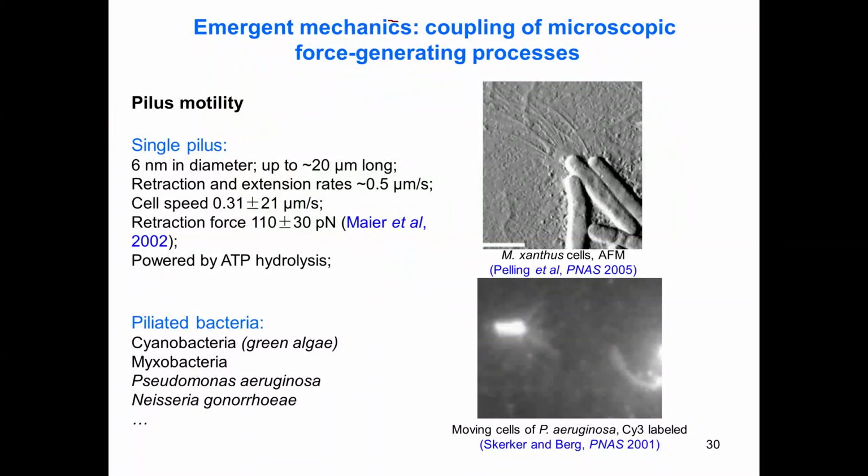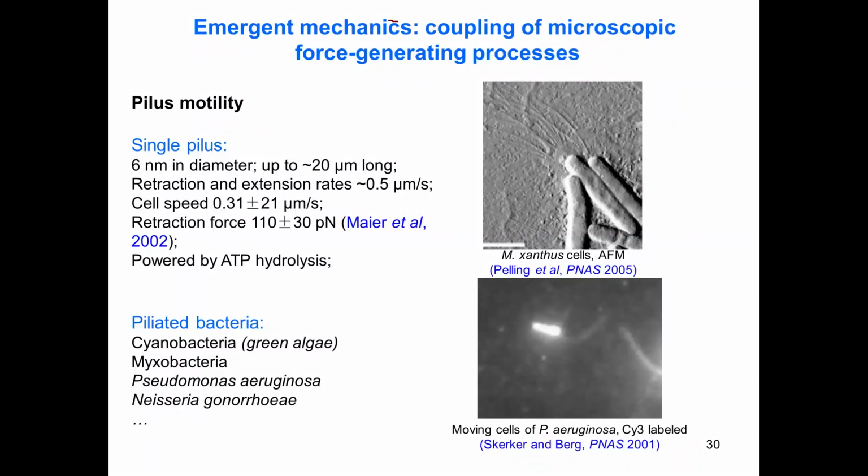So in this process, individual cells do not move by rotating flagella. Instead, they move by grappling hook-like motile organelle called pilus, type 4 pili. Pilus is a linear filament extending from a cell's surface. As shown in this video, they extend and retract. So pilus can generate forces up to 100 piconewton.